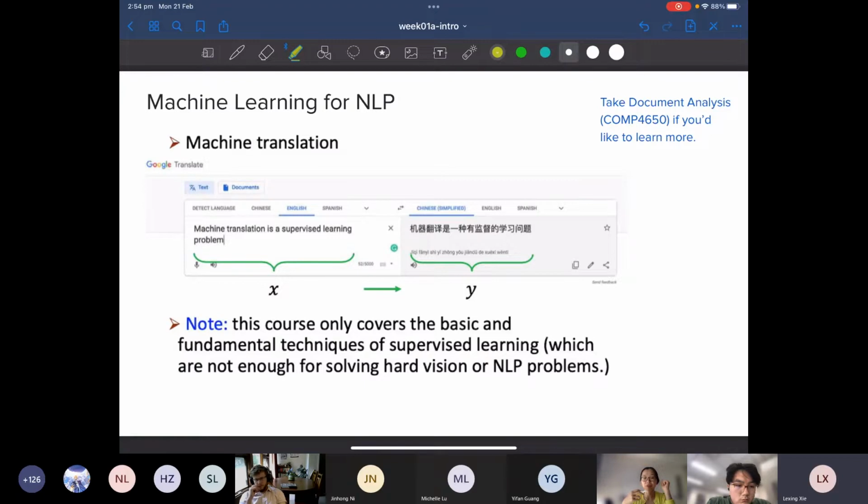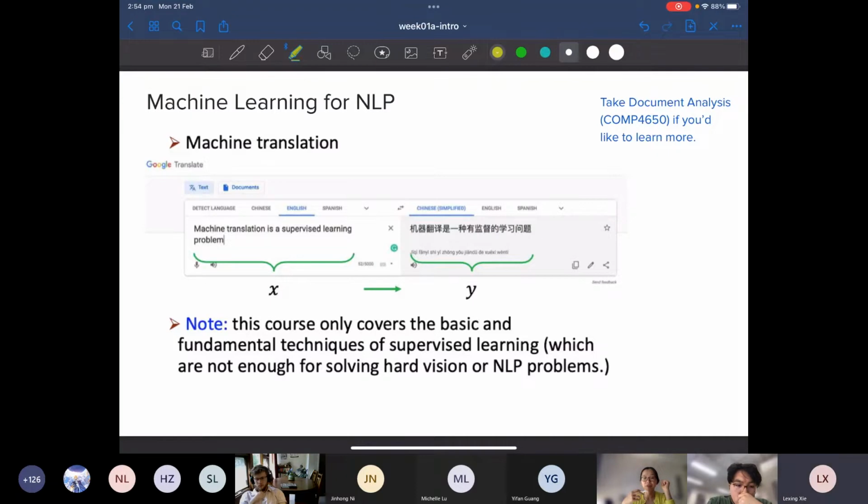Is there negative feeling in this particular sentence or not? Or we can have this very complex learning task, sequence to sequence: input a sequence, output a sequence in another language. And we say that machine translation is a supervised learning task because there is plenty of training material with the same content written in two different languages.